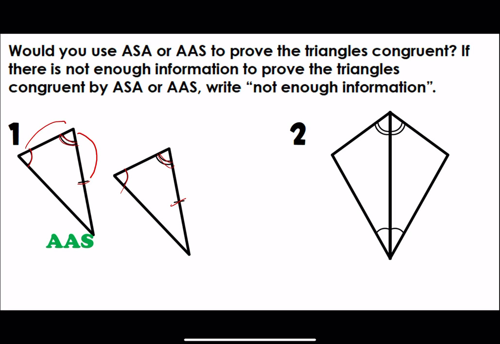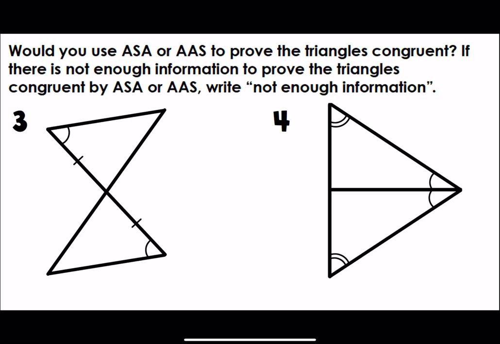All right, for number 2, we've got our 2 angles here. And we're like, well, now what? But remember that reflexive property. This same line is congruent to itself, which means it's going to be angle side angle.